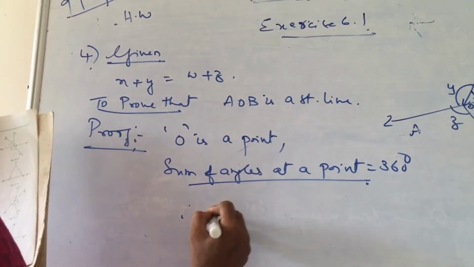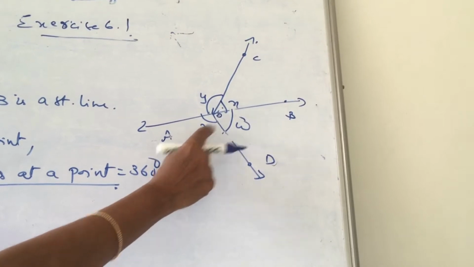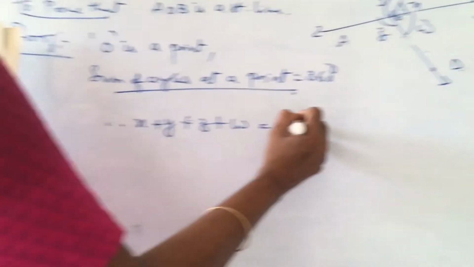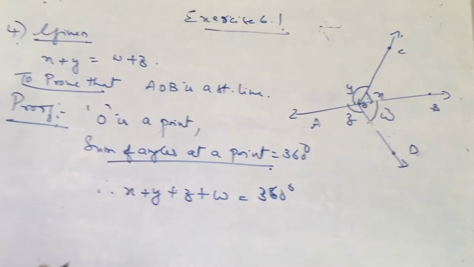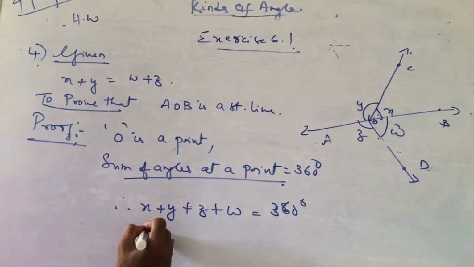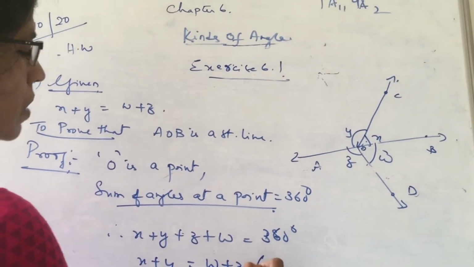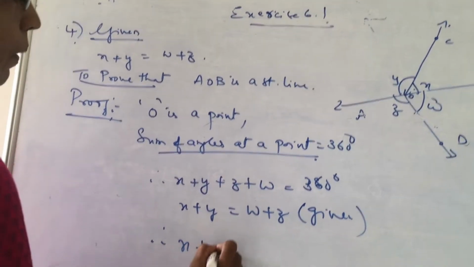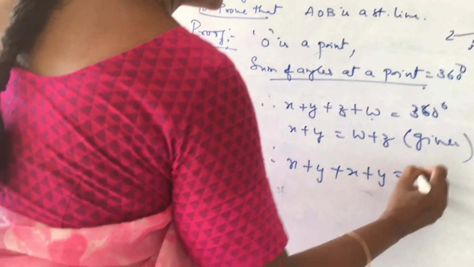Now in this particular figure, what do you have? x, y, z, w. x, y, z, w is equal to how much? 360 degrees. But in the question, x plus y is equal to w plus z is given. Therefore, in the place of z plus w, what are you going to write?